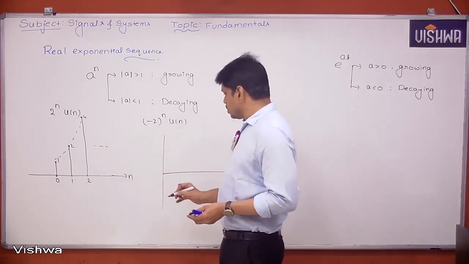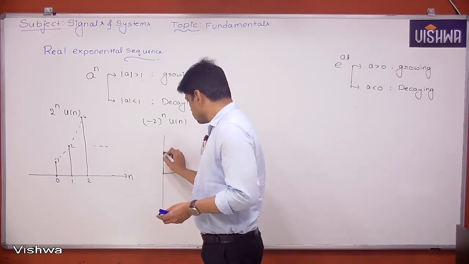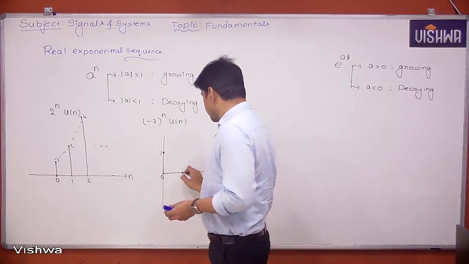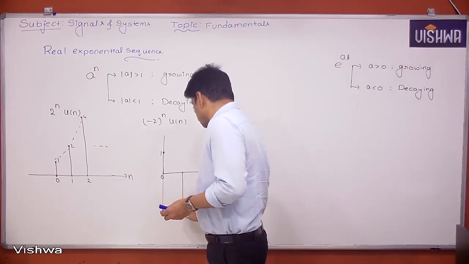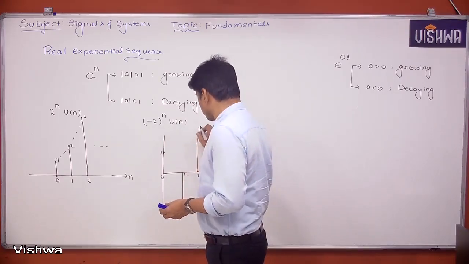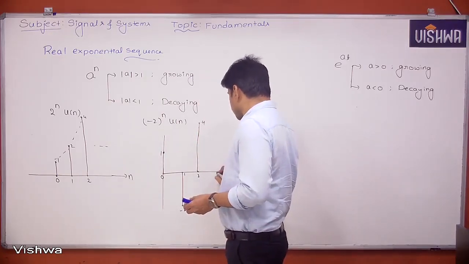At n equal to 0, its value is 1. At n equal to 1, its value is minus 2. At n equal to 2, its value is 4. At n equal to 3, its value is 8.